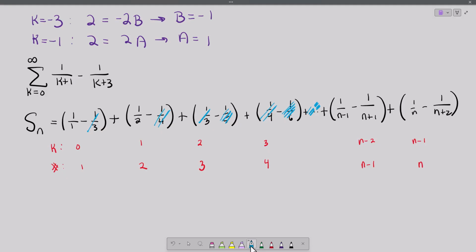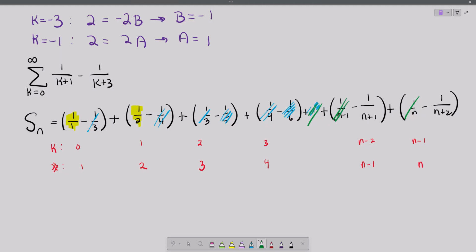If we change our perspective and we start coming forward, we see that when we're coming forward, the first part is canceling with something in front of it. This term here, the first part is canceling with something in front of it. One thing in our mind is that we have two terms that are sticking around, so we need to have two terms that are sticking around on the other end. So second parts canceled going this way, first parts are going to cancel going this way.